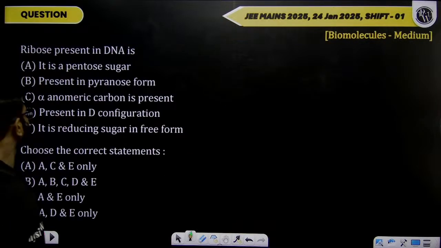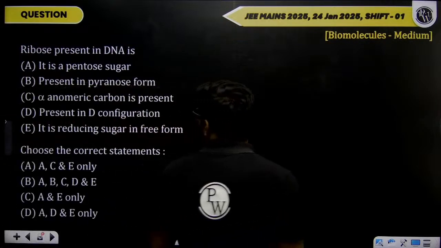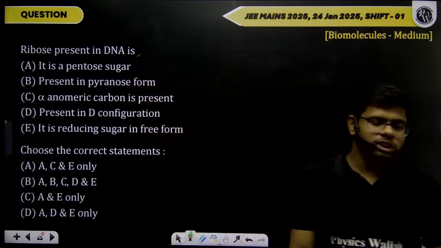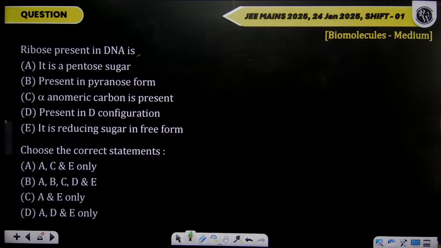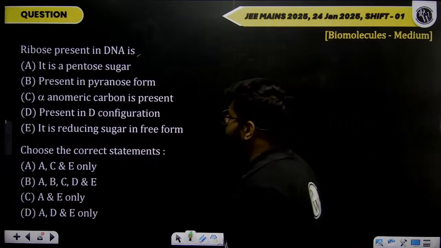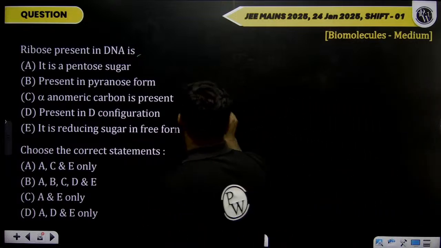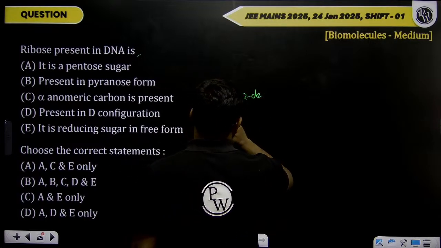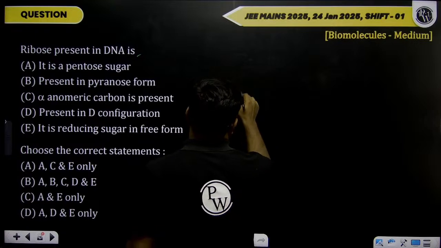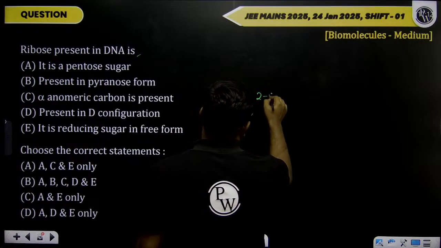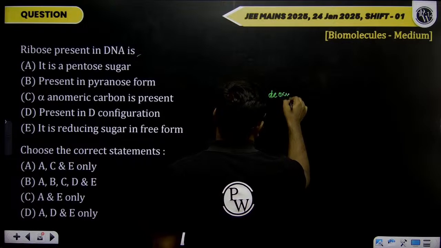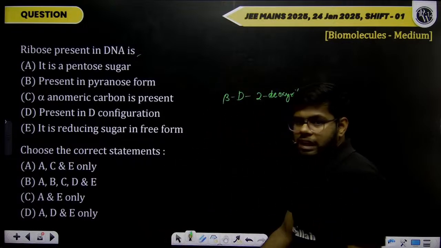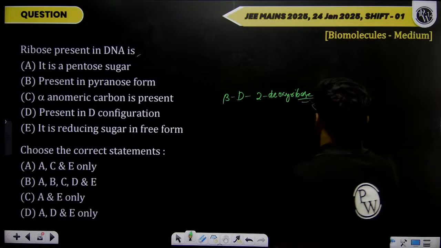Next, what we have? Ribose present in DNA is. Now, which ribose is present in DNA? We know that it is deoxyribose, that also beta-D-2-deoxyribose, that is present in DNA. Now, what is the structure of this one?